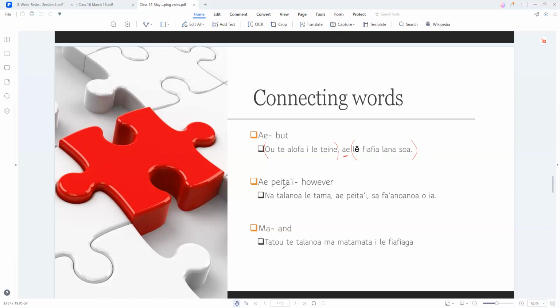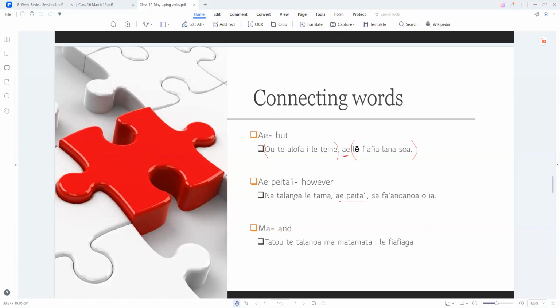"I pai tai". Pretty much the same thing, but it's kind of a little more fancy. We're saying "however". So "Na talanoa le tama, i pai tai sa fa'anoanoa oia." So the boy spoke. However, he was sad.